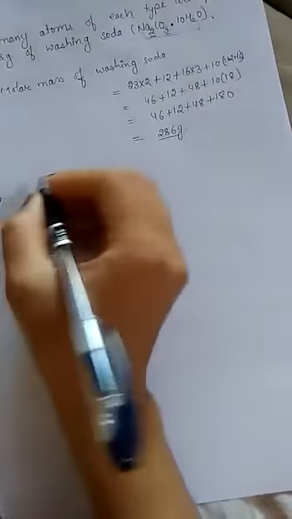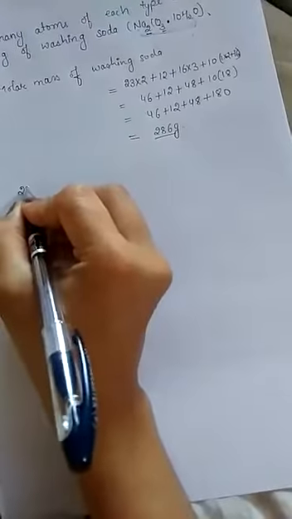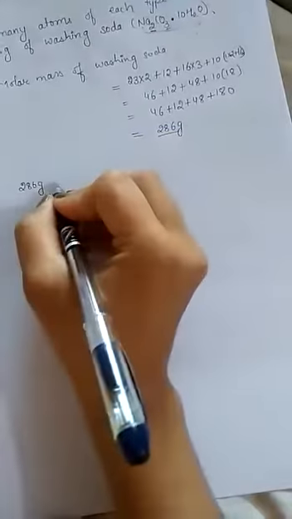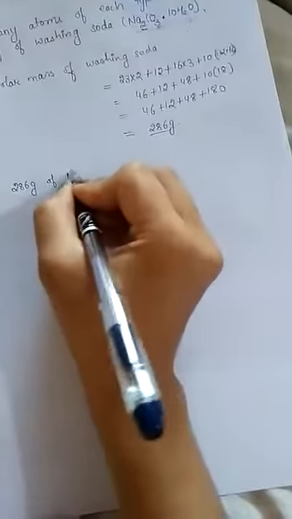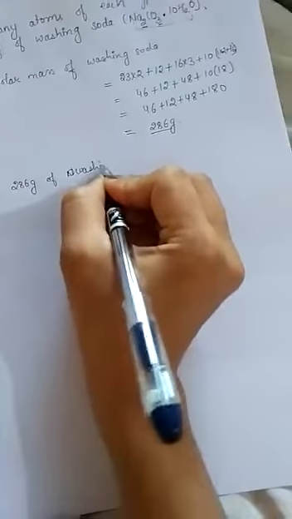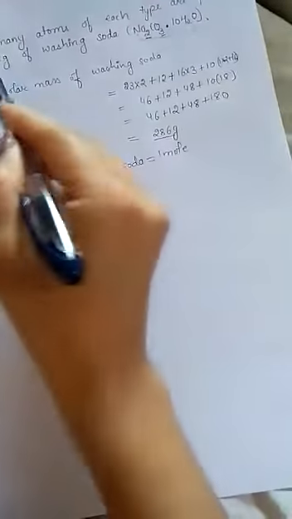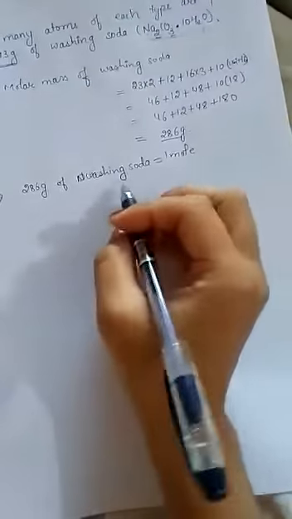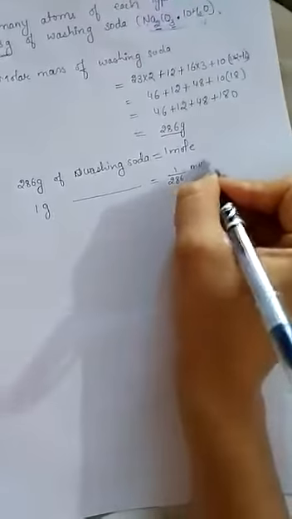So you know that 286 gram of washing soda is equal to 1 mole. So in the question, 143 gram of washing soda is given. So it will equal how many moles? 1 gram of washing soda is equal to 1 by 286 moles.